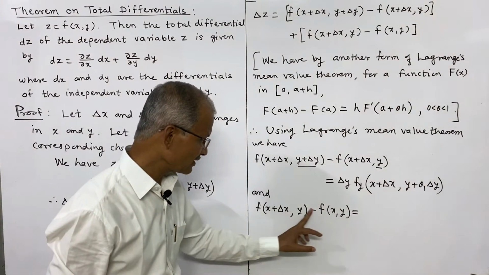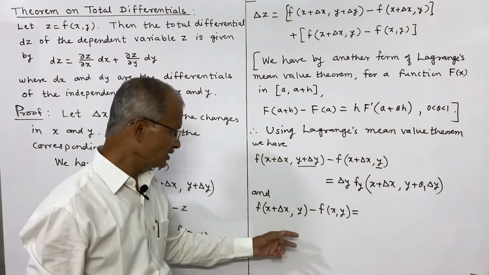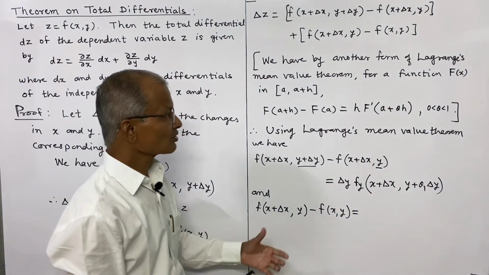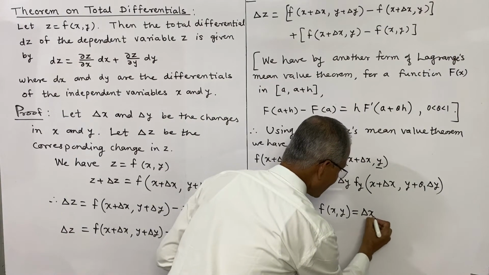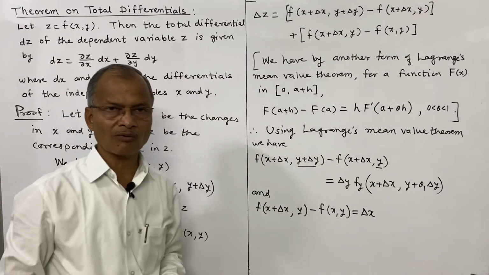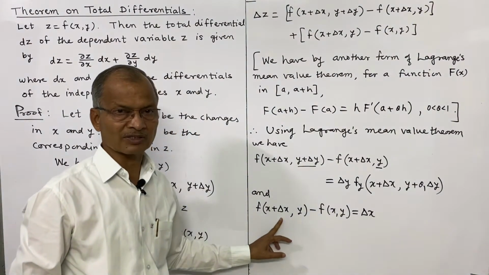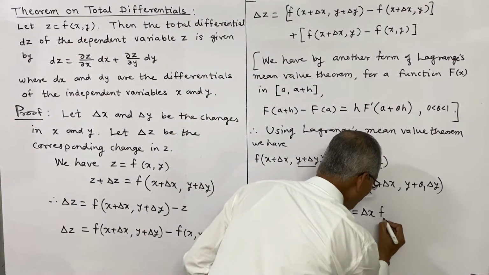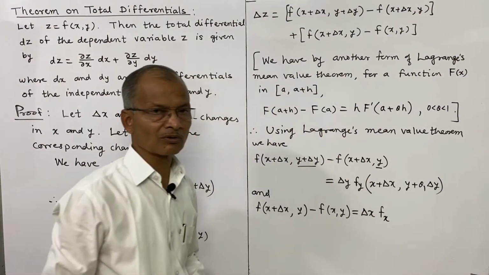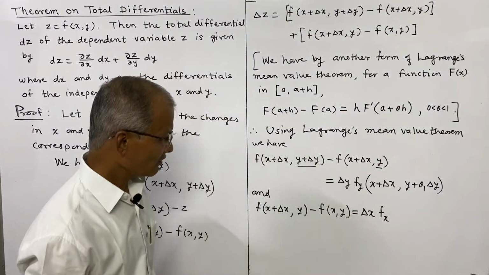Here it is x plus delta x, and y doesn't change. And the change is delta x. So here the h on the right side will be delta x, and the derivative must be with respect to the variable x, because x is changing and y is not changing. Here the partial derivative will be with respect to x. f suffix x means dou f by dou x.